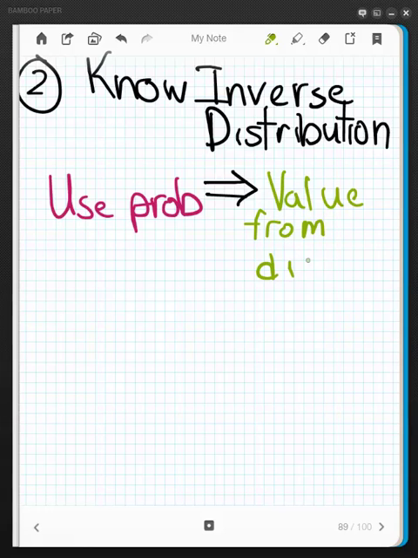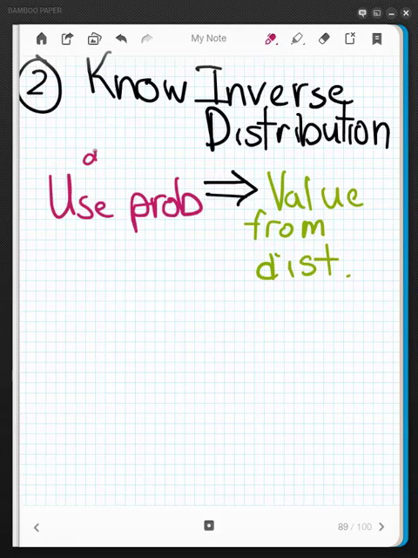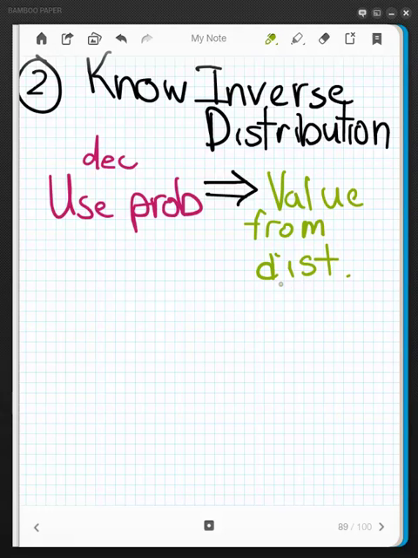So what you are going to start out with is some decimal over here, right? These are decimals, and what you're going to get back from the distribution is first a z-score, because I make everybody deal with the inverse standard normal, and then you're going to do that unstandardizing process if you need to find values under your distribution that represent these probabilities.